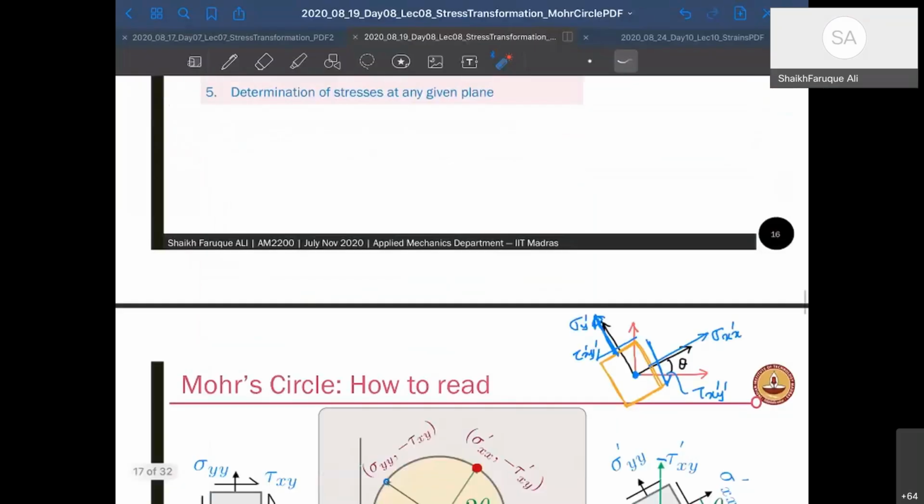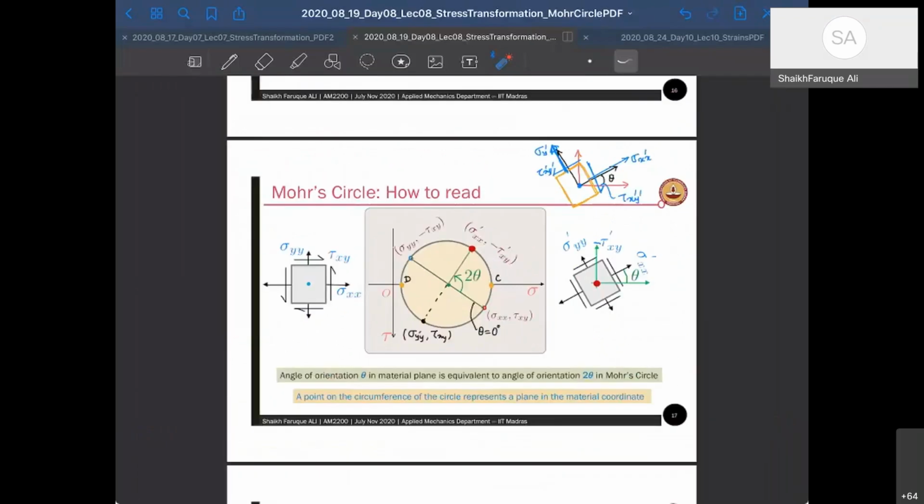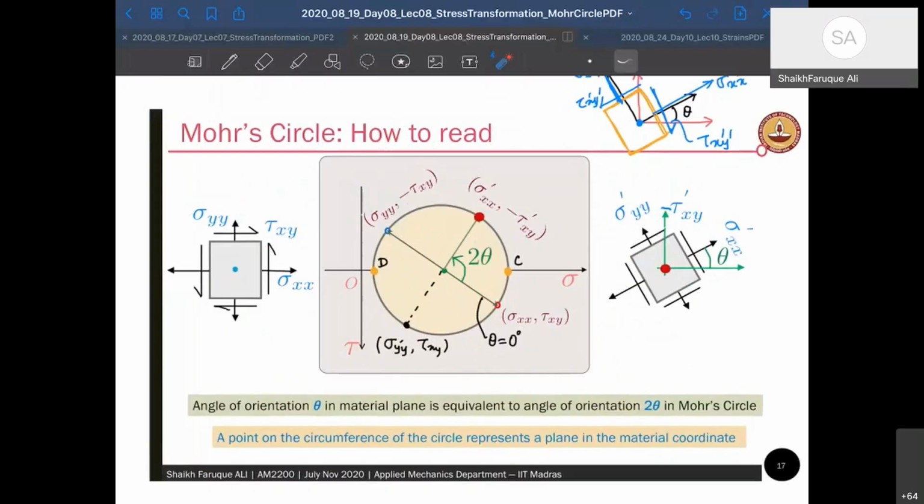Let's look at it. So this is a Mohr circle. Now this Mohr circle has been drawn with this plane given to you. So once this plane is given, this line you get is the 0 line. The maximum normal stresses.